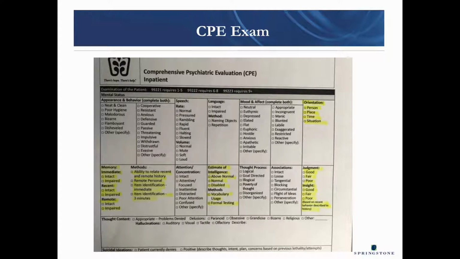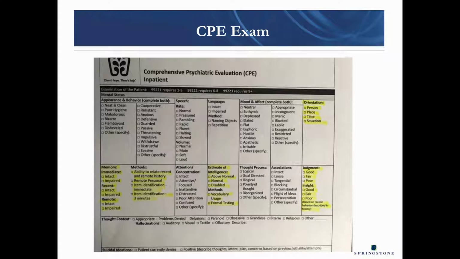In this situation, bullets are these boxes of the different elements, and you can see some of the boxes contain 2 parts. So for instance, appearance and behavior says complete both. That all counts as 1 bullet. Mood and affect, complete both. That all counts as 1 bullet.